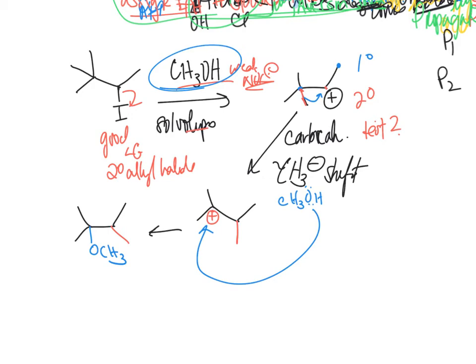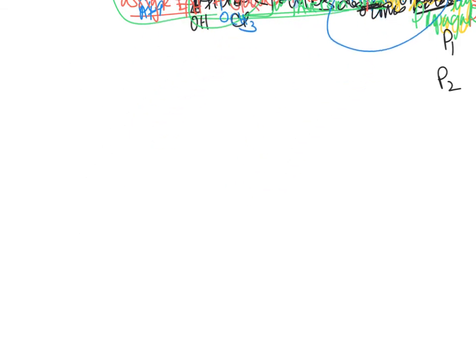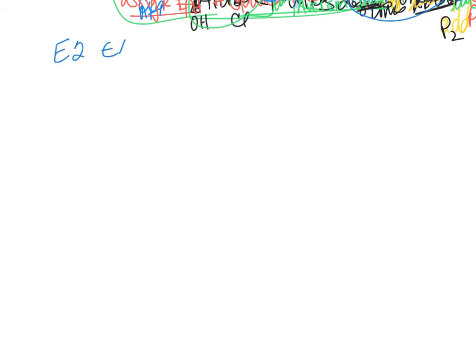Also, another thing you need to pay attention to is when you're doing E2s. So let's do E2 and E1. A good E1 is just, if you take a tertiary alcohol and acid.